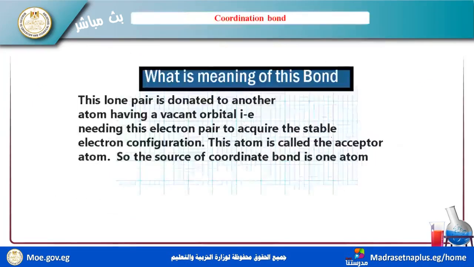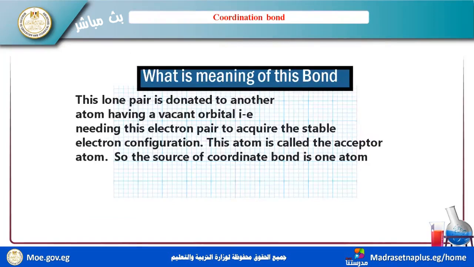Now we can discuss the meaning of this bond. The lone pair is donated to another atom. I have two electrons like nitrogen, like phosphorus, like oxygen. Any atom that has a lone pair of electrons has the ability to donate these electrons to make the coordinate bond.